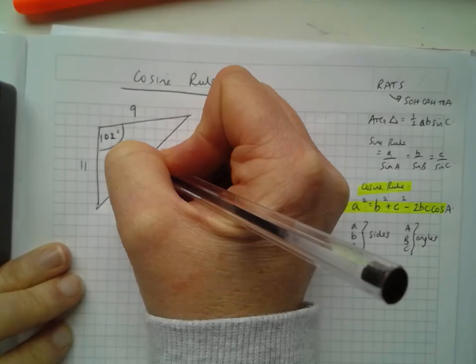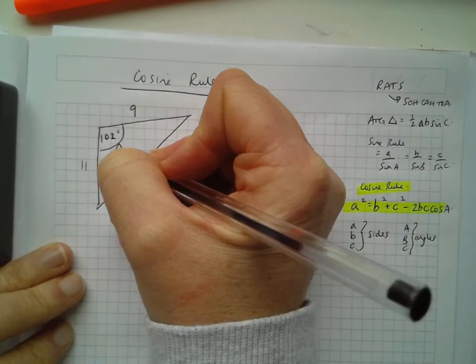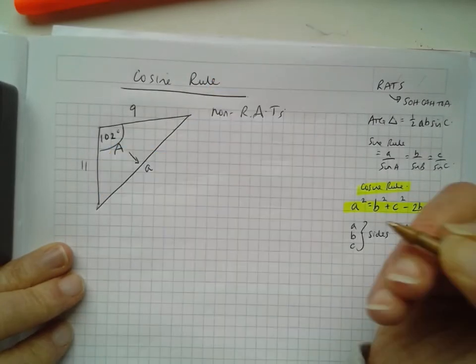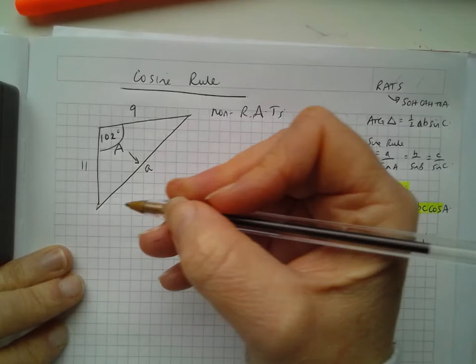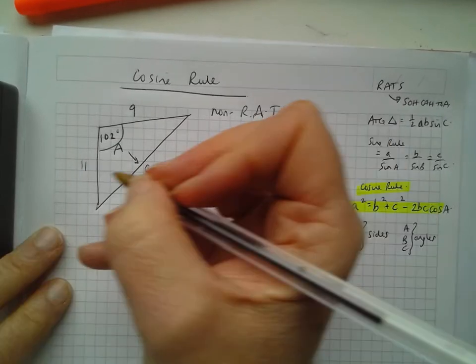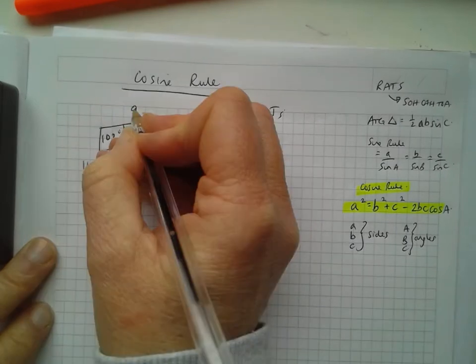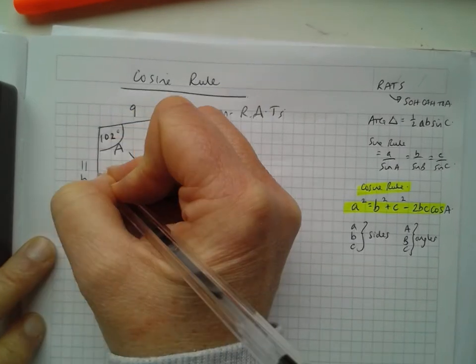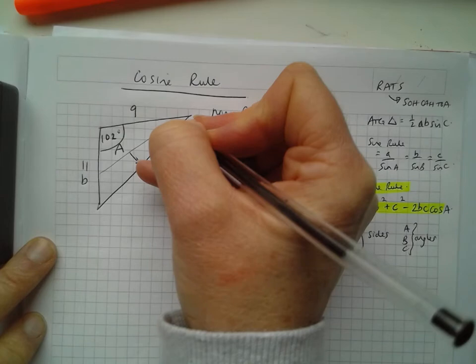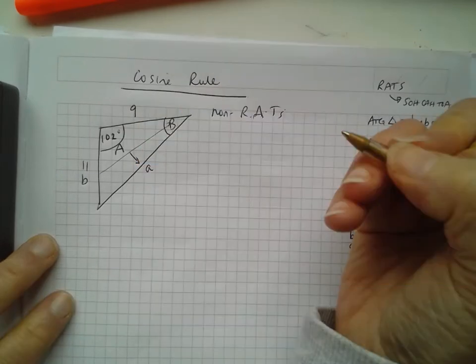The letters always go with each other: A's go with A's, B's go with B's. It doesn't matter what we call the others. I'll call this side b, which means this angle is B, and then this must be c, and that would be angle C.